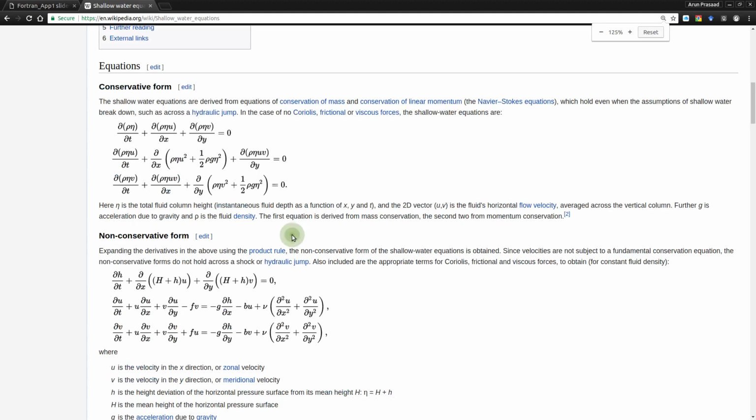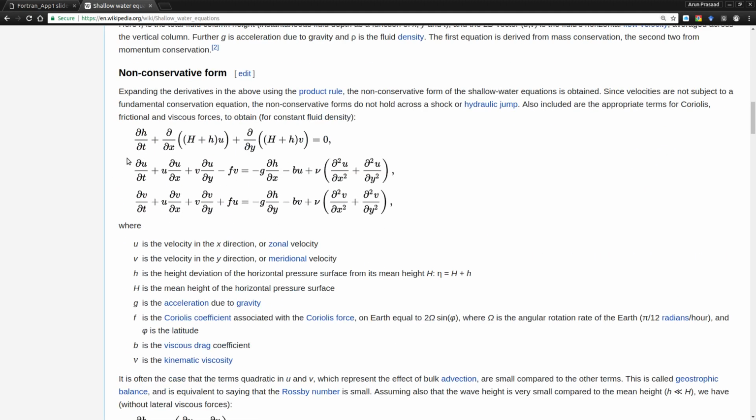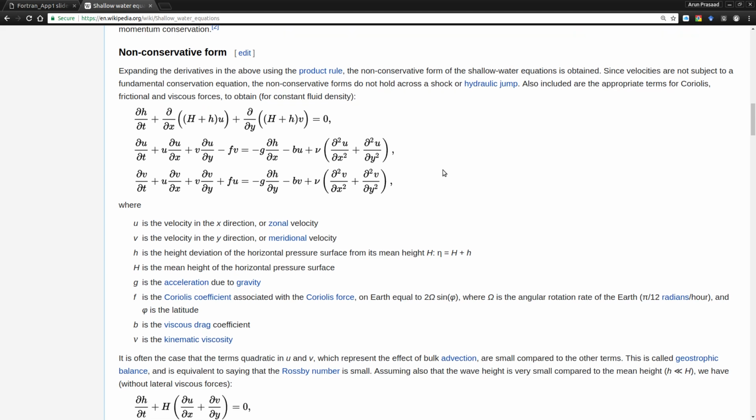So these are the shallow water equations that we are going to follow. This is the non-conservative form, because it does not work in some cases like shocks or hydraulic jumps. Don't worry, we're not going to go into that. The terms here are as follows. u is the velocity in the x direction and v is the velocity in the y direction.